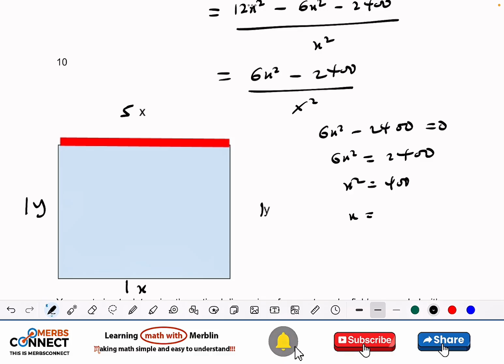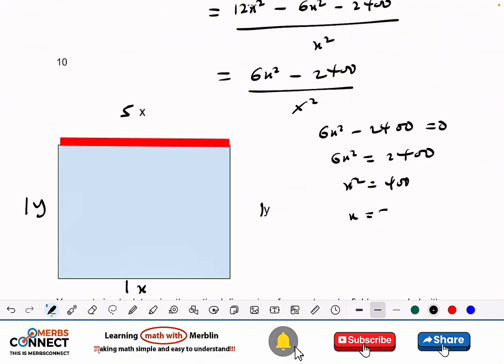The square root of 400 is, let me see, what number that when you multiply by itself, you are going to get 400. Let me see. The root of 400 is 20.